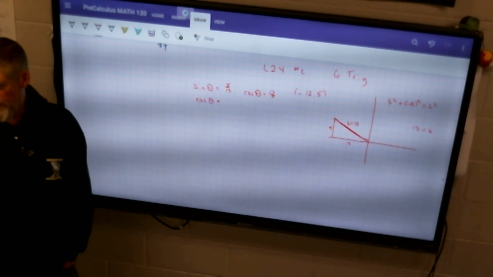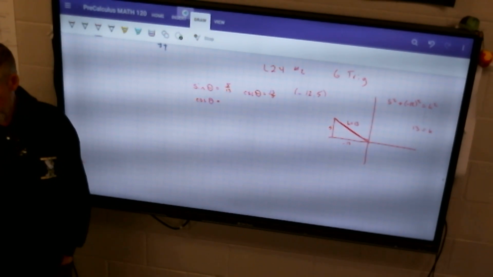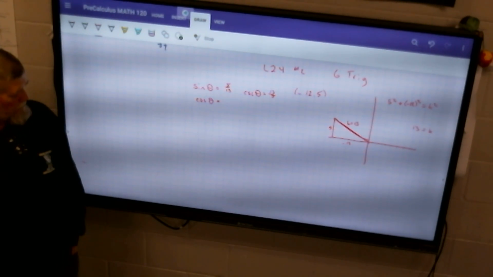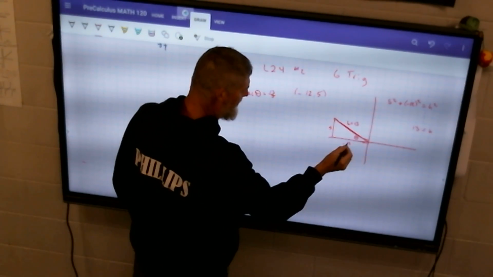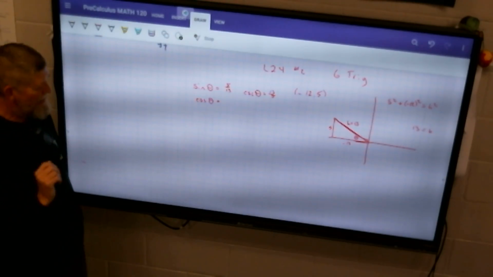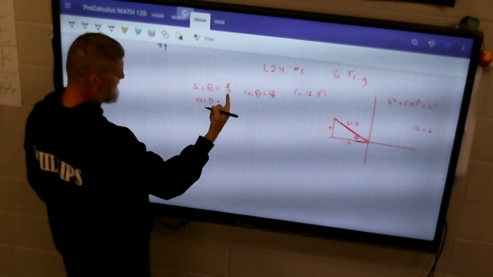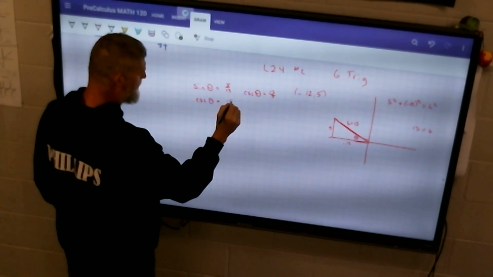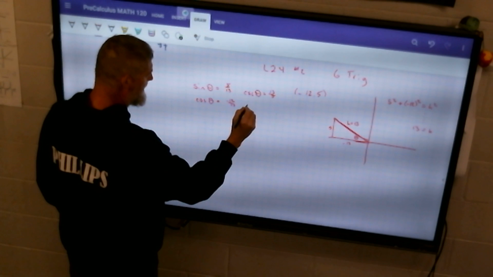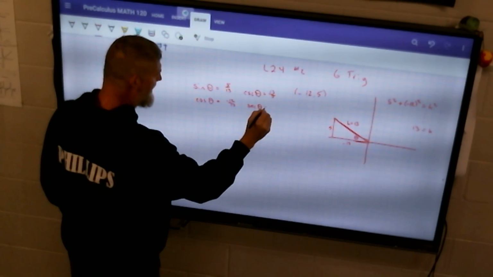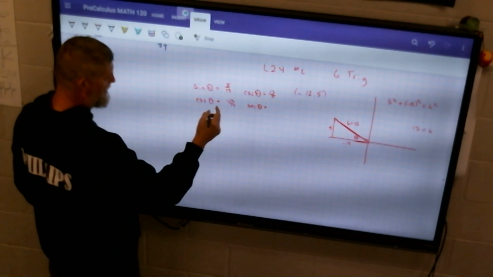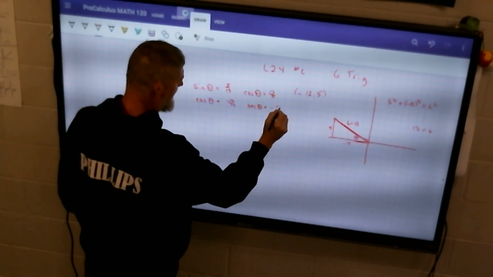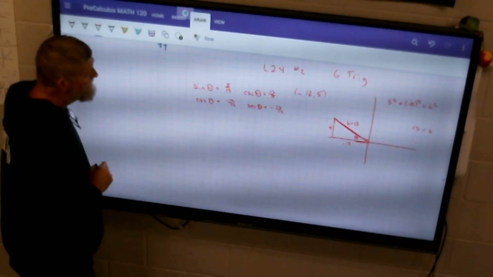It would be adjacent over hypotenuse. 13. Is 5 not adjacent? No. Thank you. Remember, adjacent creates the angle. Oh, I was thinking of opposite for some reason. Yeah, you're thinking opposite. It can't be 5 over 13 because that's sine. So it's going to be negative 12 over 13, which should mean then that the secant of theta is going to be 13 over 12. Don't forget, yeah, or just negative 13 over 12.